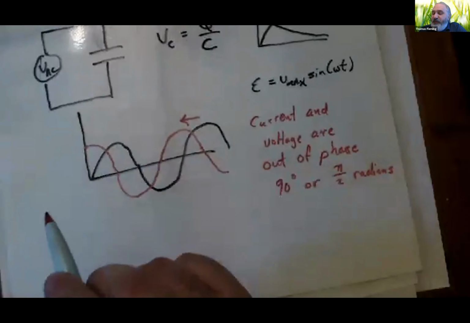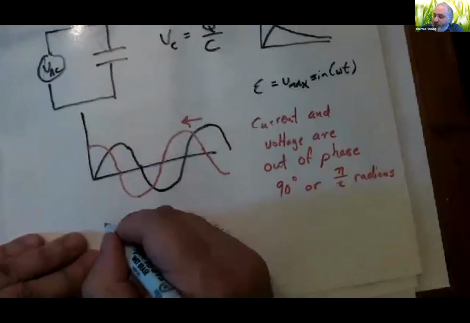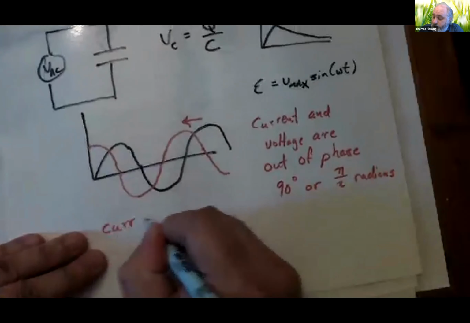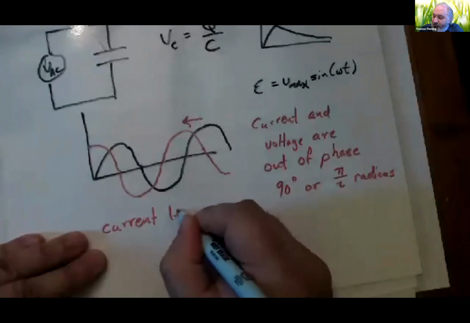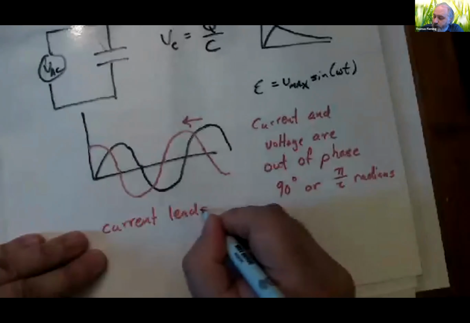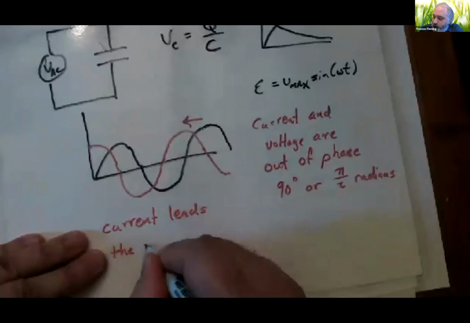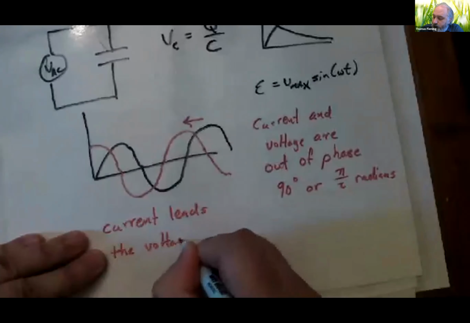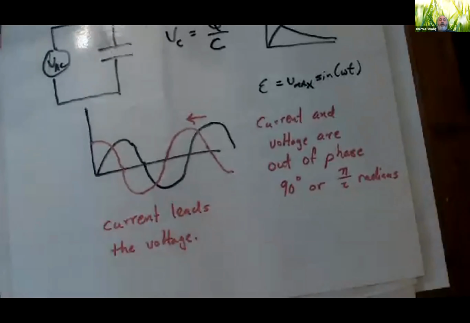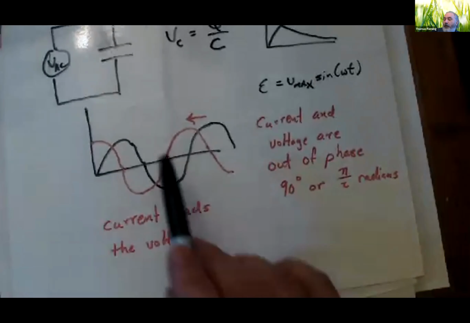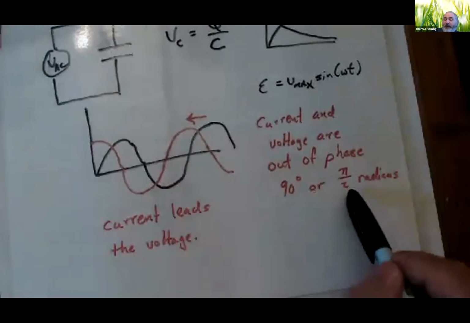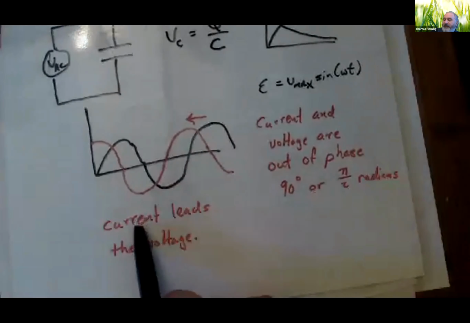So we say that in this case here, the current leads the voltage. And for capacitors, that's usually how that plays out. The current and voltage are exactly 90 degrees or pi over 2 radians out of phase, with the current leading the voltage.